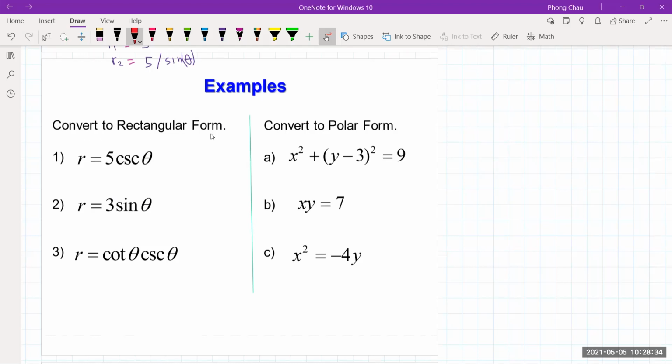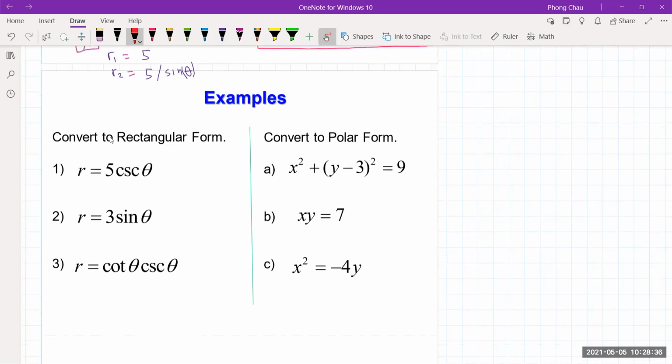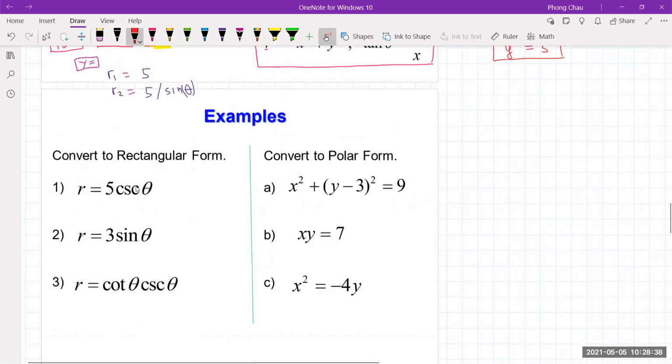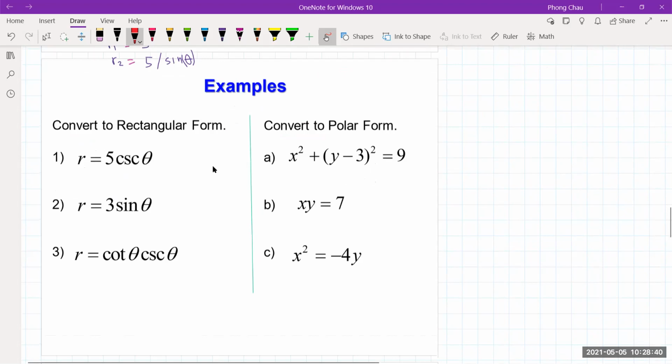Convert to rectangular form. Number one is really that in this example here, so basically I'm done, right? The r equals 5 cosecant theta is equivalent to y equals 5 in the rectangular form.